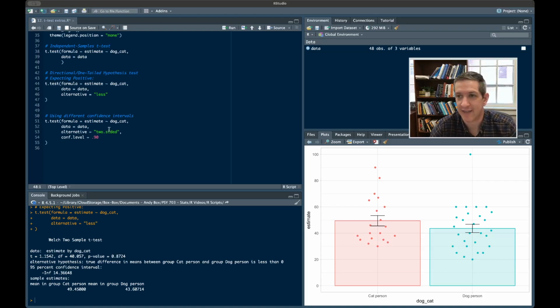So that concludes running one-tailed tests. The other option that we can customize when we're getting really specific with the t-test function here is the confidence level. Now, just like the t-test defaults to a two-sided hypothesis test, reasonable enough, it also defaults to a 95% confidence interval. We're all aware of the customary alpha level of 0.05 that we use as the cutoff for the false positive rate.